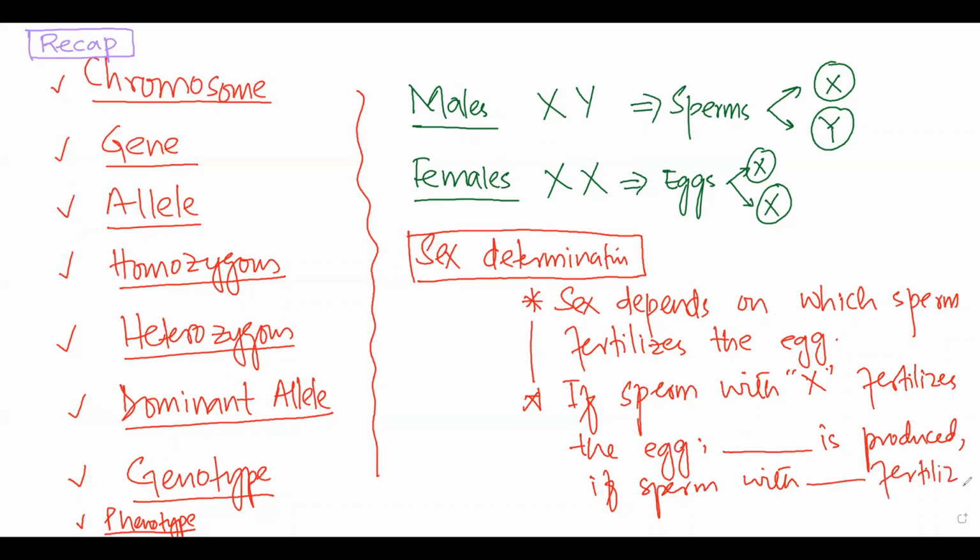So it's always the sperm which decides. If sperm with X fertilizes, it is female because the egg always has X. So female is XX. Sperm with Y fertilizes the egg, male, which is X and Y, is produced. I hope you understand.